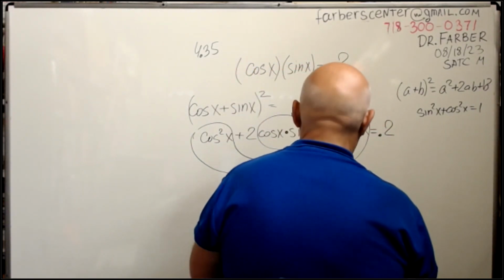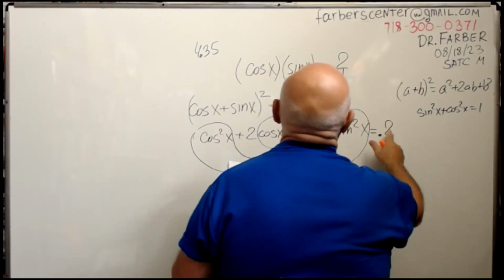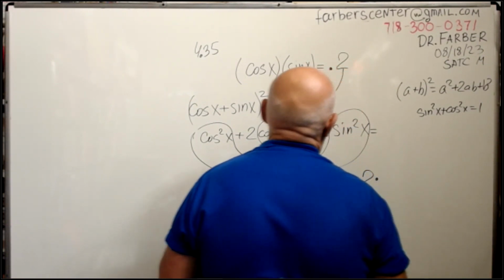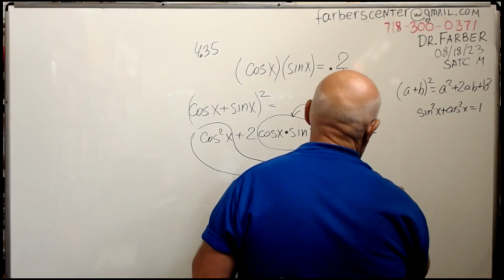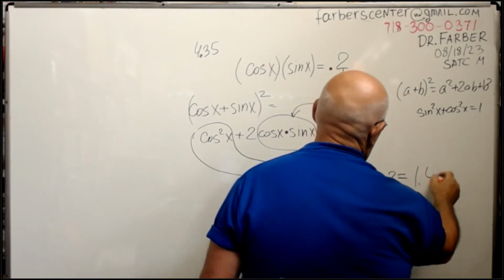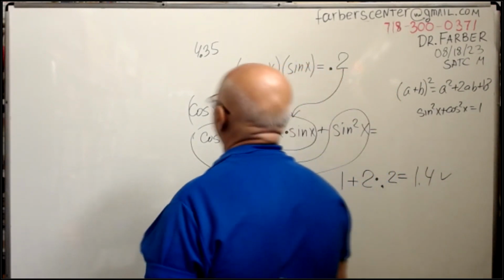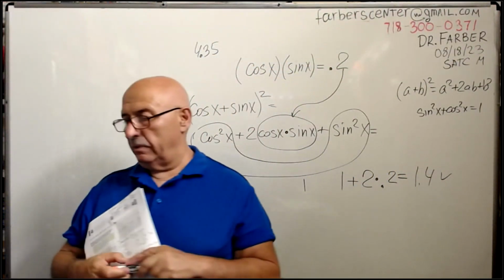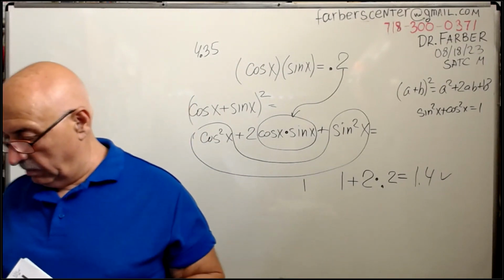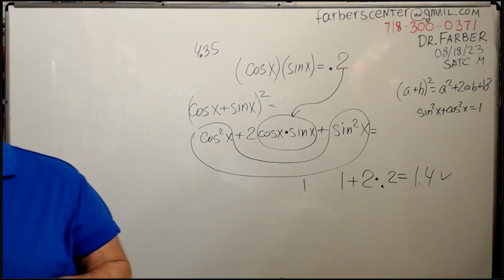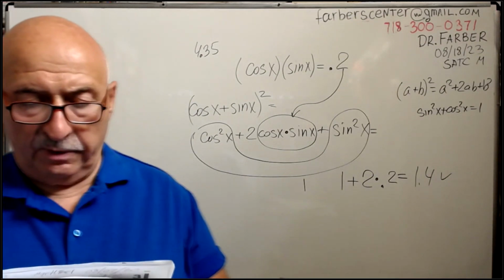Plus, they ask you to find this one. Plus 2 times 0.2, it will be 1.4. Okay. Probably will review with you again. I see that you have difficulties with basic trigonometry. Okay, any questions?